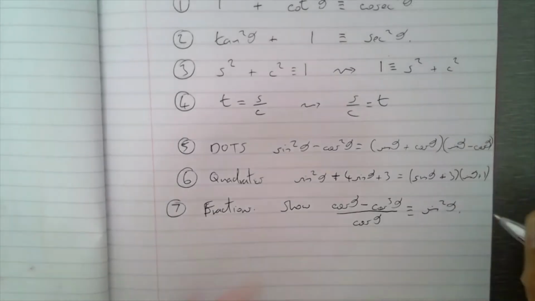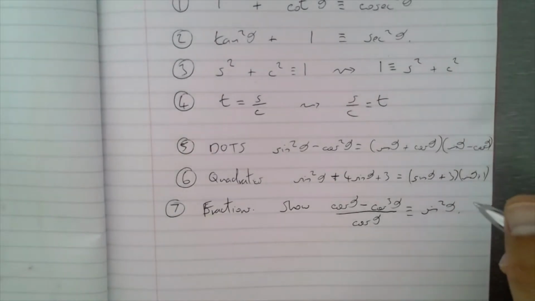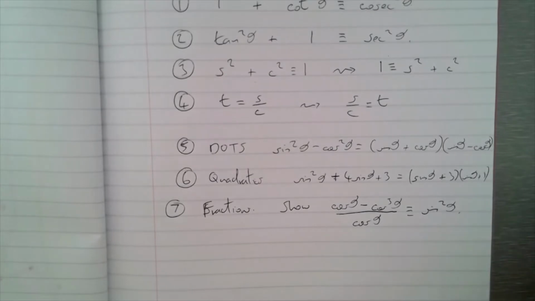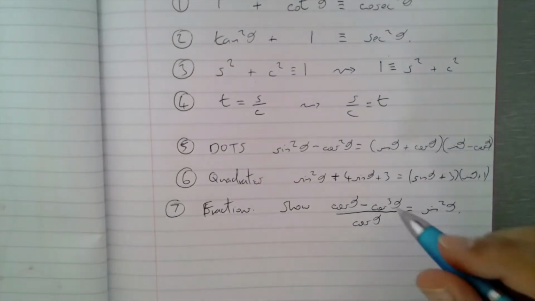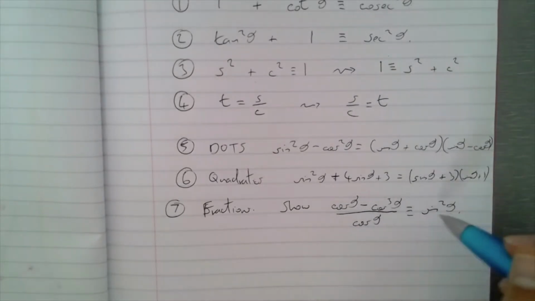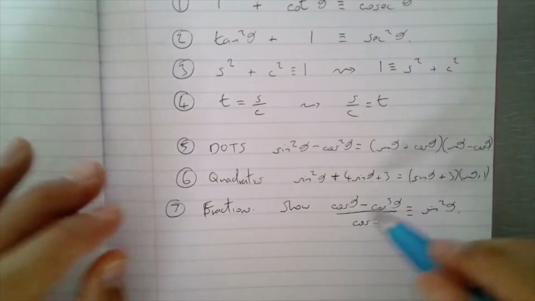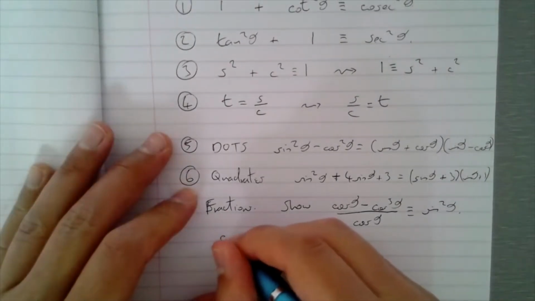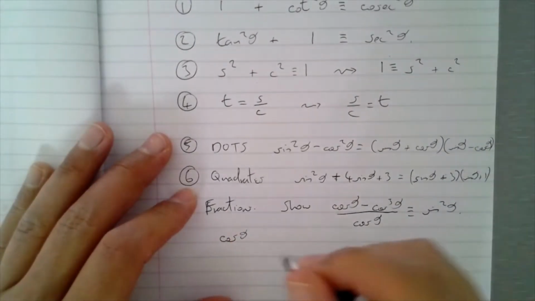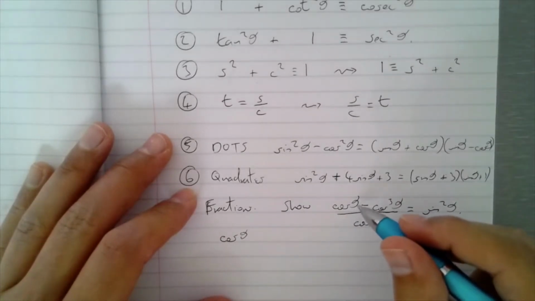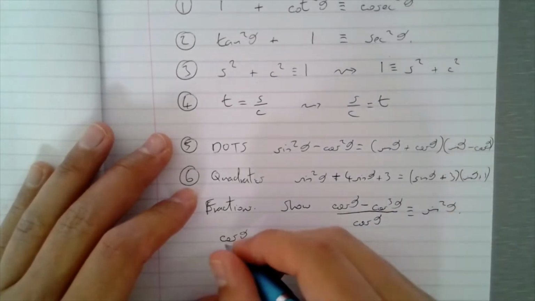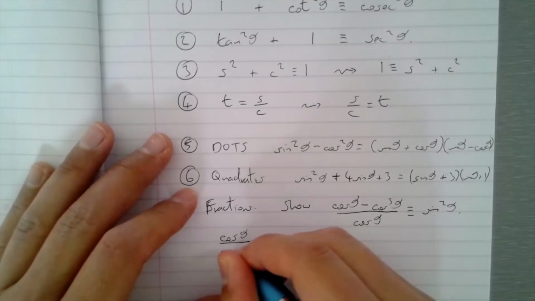Now, there's one very quick way of doing this, which doesn't require separating it out into fractions. I'm not going to do that method. If you can see that method by factorising, then feel free. The method I wanted to show you was, okay, if I want to show that this is equivalent to that, what I can do is I can work on this left-hand side, and I can say that cos theta minus cos cubed theta over cos theta is this.